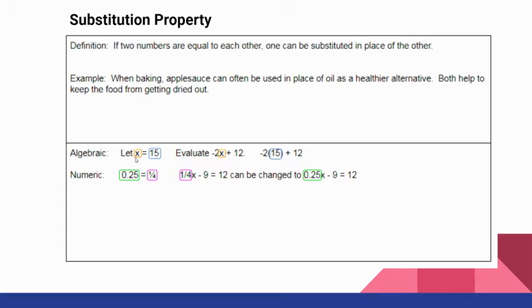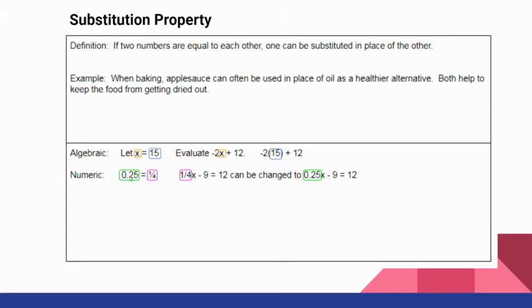Well, since we know that we have an equality over here, we can substitute 15 in place of where the x is. So notice that where the orange x is, take it out, place the 15 in there, and this is okay. We can do that. Notice though, when we plug in the number 15, there's parentheses. It's kind of covered up there, but we plug it in with parentheses so that we can show that it's multiplication.